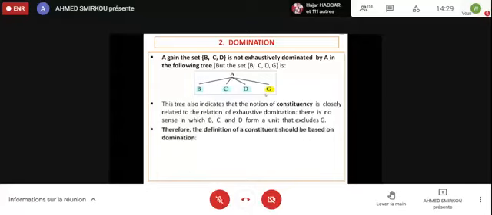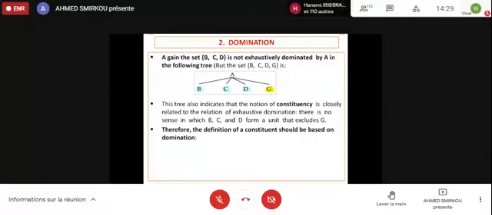Therefore, the definition of a constituent should be based on domination. So can anyone define again the meaning of a constituent based on domination? Just look at the tree. You may say a constituent is a group of words that is exhaustively dominated by the same node.